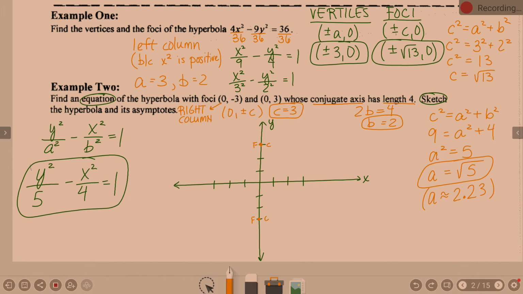So we're going to go, yep, y-axis. We're going to go up 2.23, and that is a vertice, and it's up A, and we're going to go down 2.23, and that's a vertice, and that's down A. Okay, so they are A from the center.